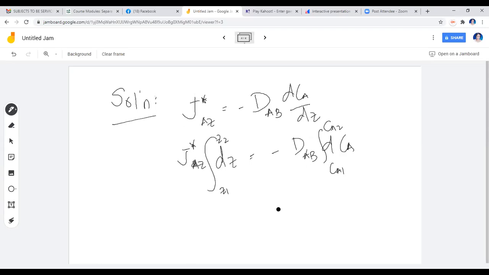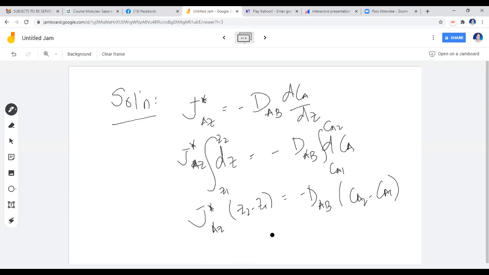If you integrate, there's actually a ready-made formula for this, but I'm just showing how that formula came about. You have Z2 minus Z1, and this would be negative D_AB times C_A2 minus C_A1, where C refers to concentration. So this is the thing that we want to determine.